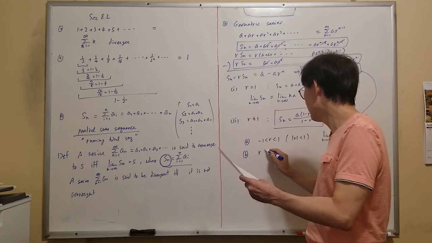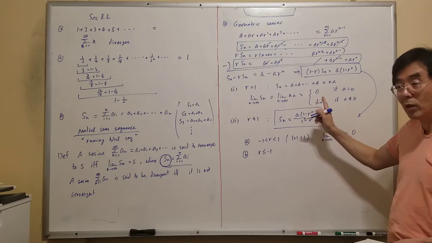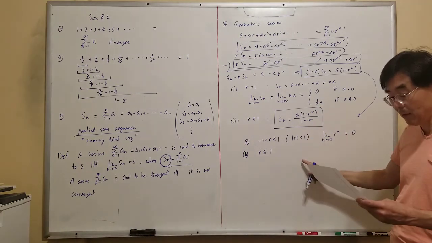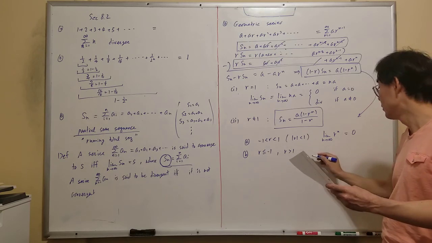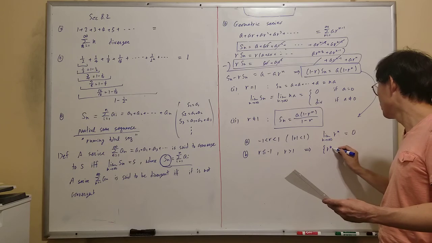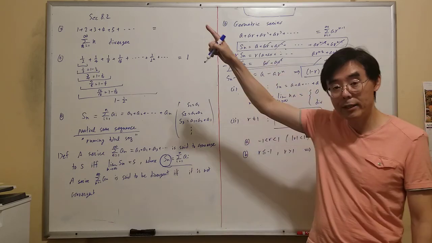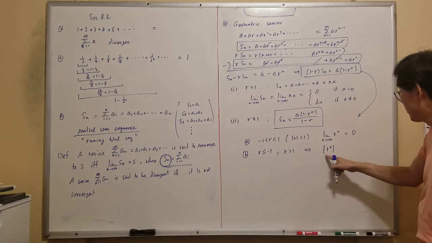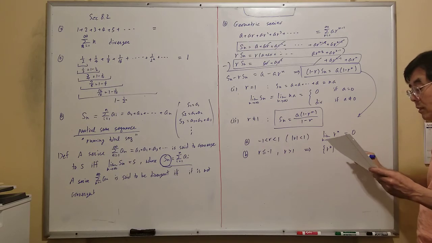If R is less than or equal to -1, like -1, 1, -1, 1, or R is greater than 1, then R to the n is either oscillating with wider and wider swings, or keeps getting larger and larger. So this will be divergent.